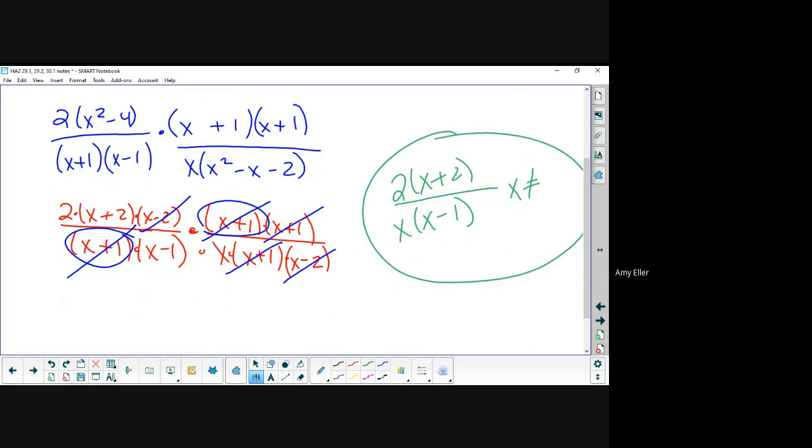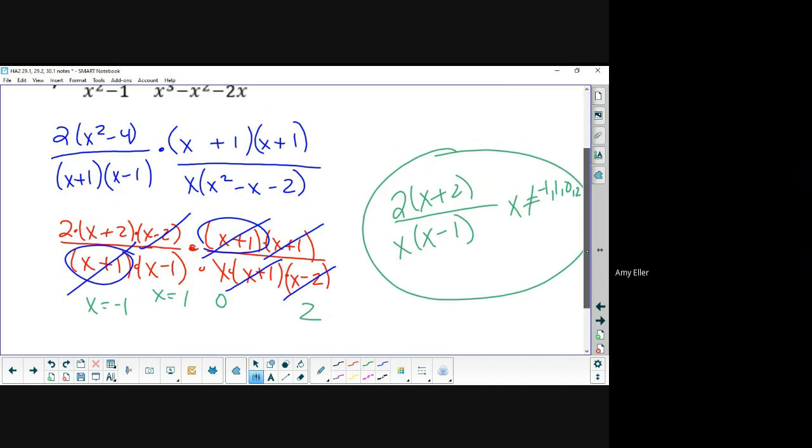I'm just gonna go along this bottom row, even though things are crossed out, this would be -1, 1, 0, -1, which we've already written, and 2. If those values are the value for x, so 2 minus 2, that's 0, that would give you a 0 denominator, which is not allowed. So I write x cannot be -1, 1, 0, or 2.